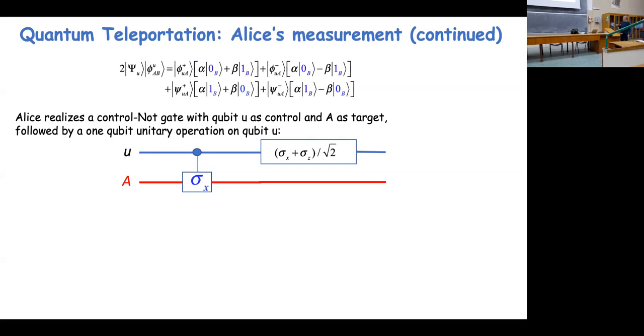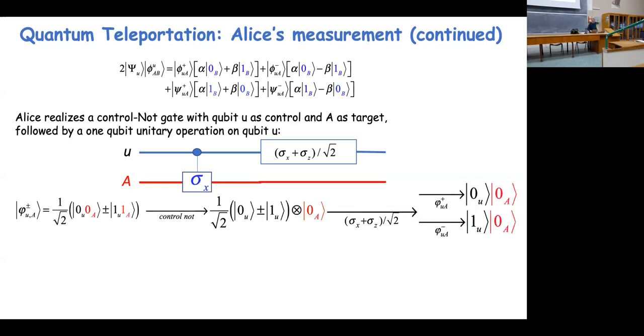And she does a control X gate, that is a control NOT, and this operation will disentangle her system, and she will get exactly the result she wants. There is one complication: she has to apply to U this unitary operation.